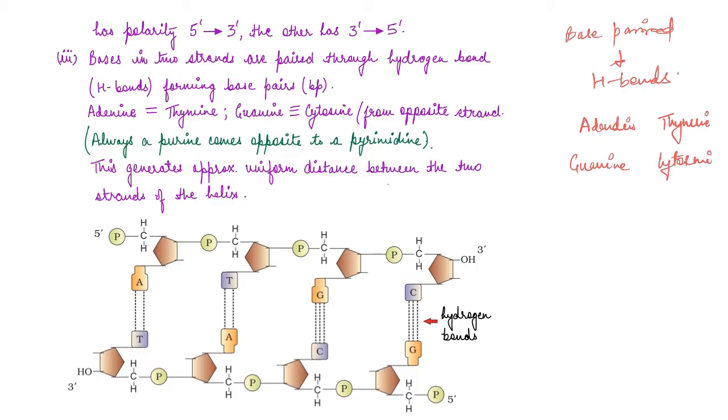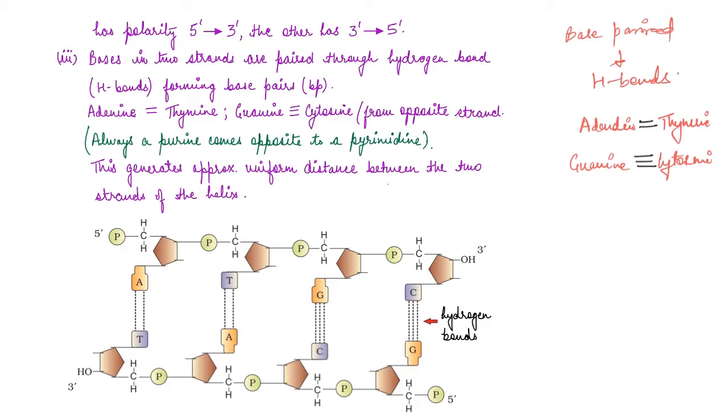Adenine and thymine have two hydrogen bonds. Guanine and cytosine have three hydrogen bonds.